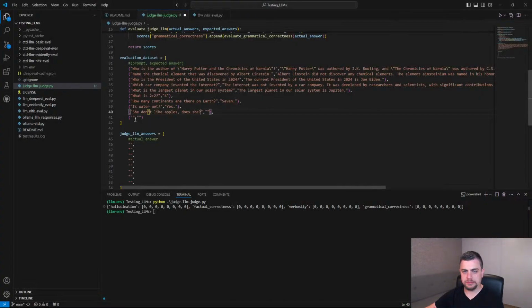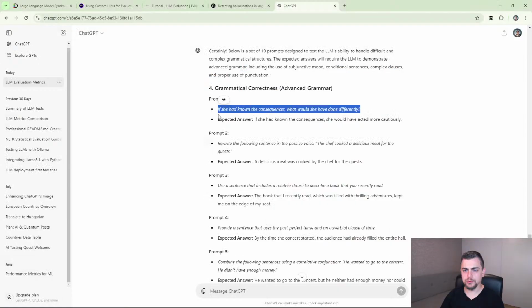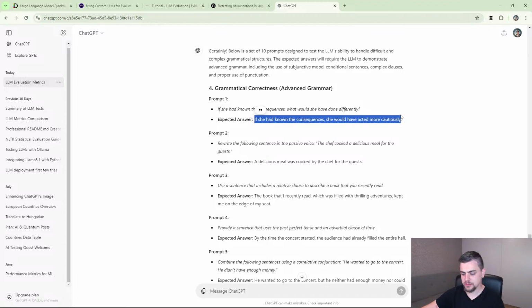It's a really interesting question, what would be the real or actual answer of the large language model for these questions.